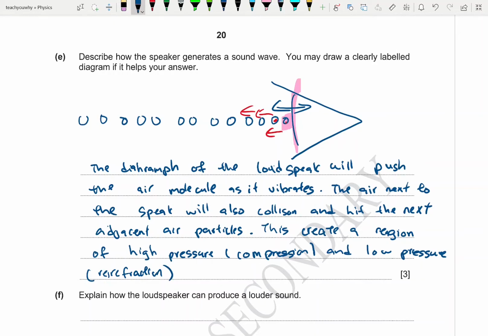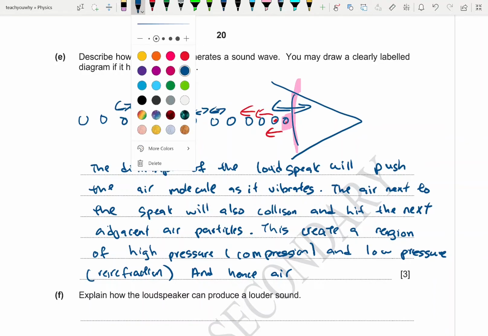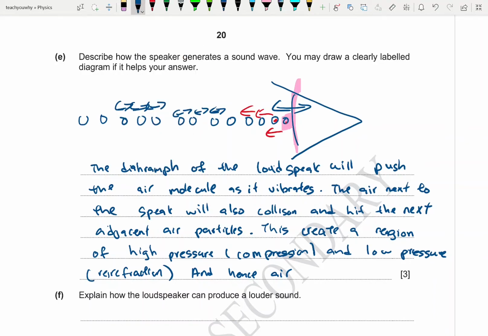Okay, and hence air... sorry, let me draw properly.